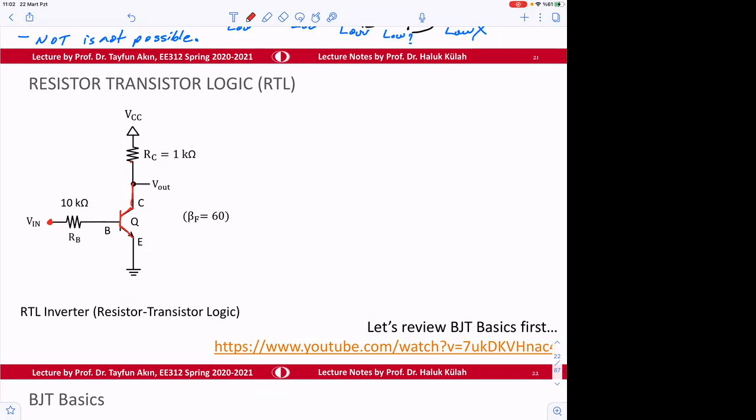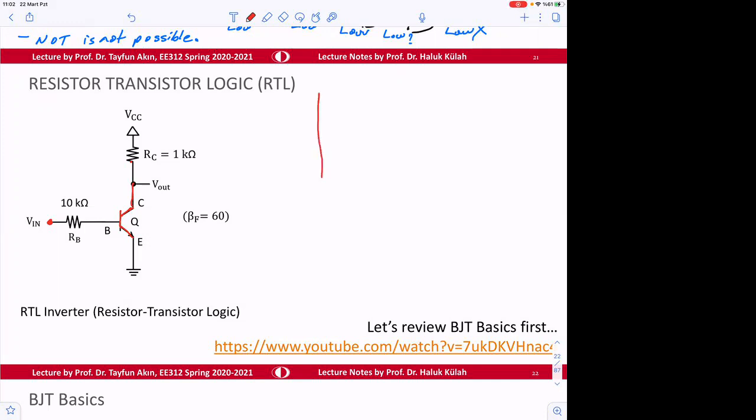We can find out about the operation of this thing, but before that, maybe it's better just to review the transistor basics here. Okay, we discussed this in the past.